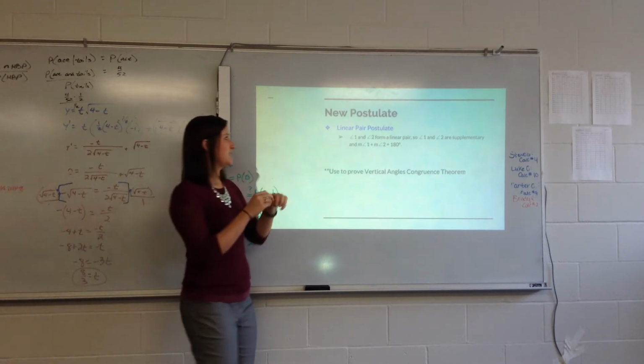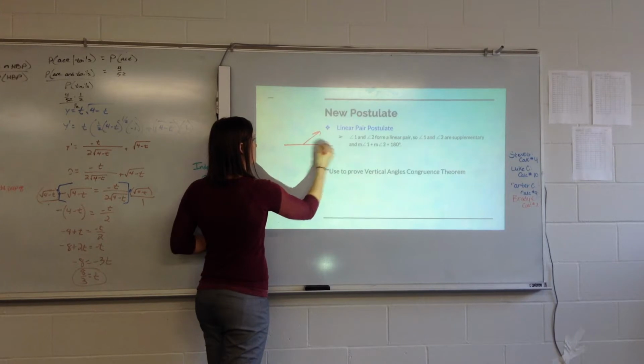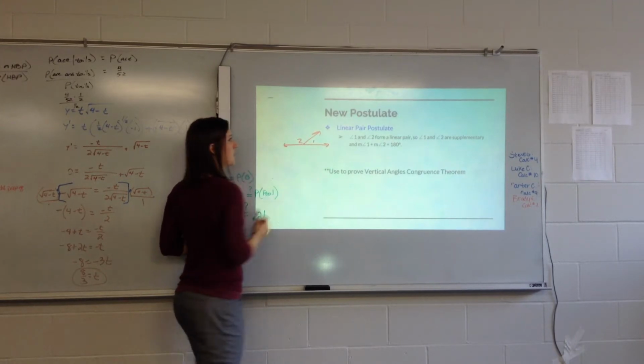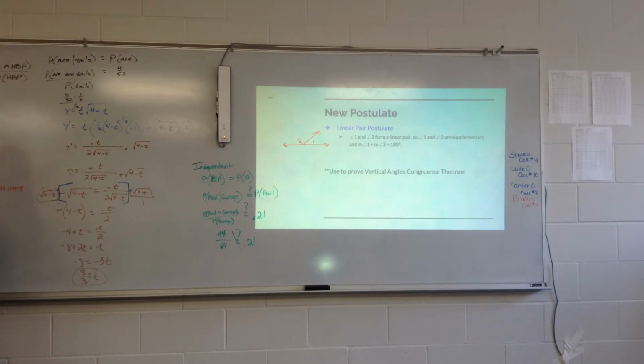It's saying that if angle 1 and angle 2 form a linear pair, then angle 1 and angle 2 are supplementary angles and they add up to 180. We already knew that, right? Hadn't we already figured that out? Yeah.